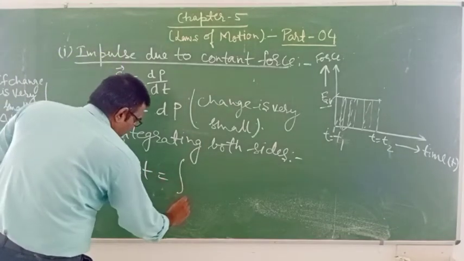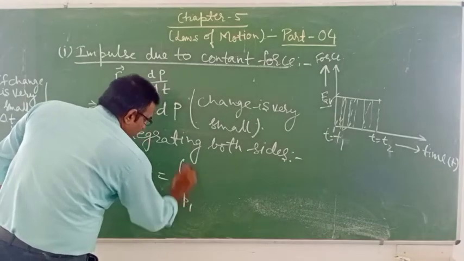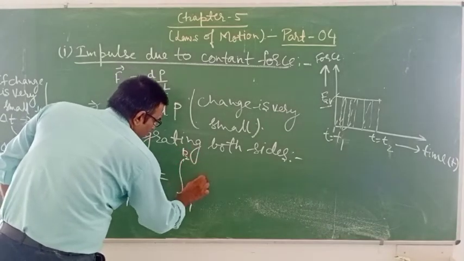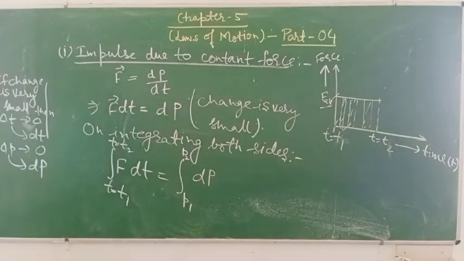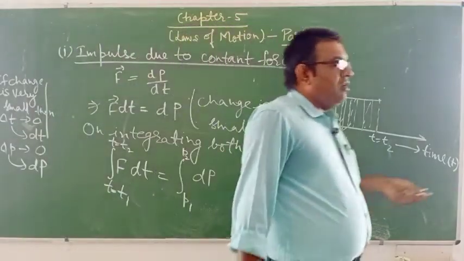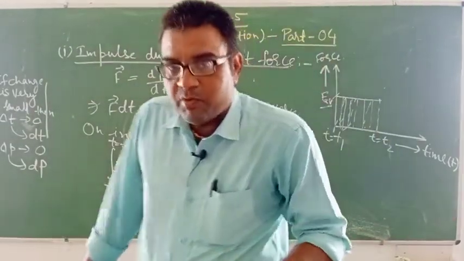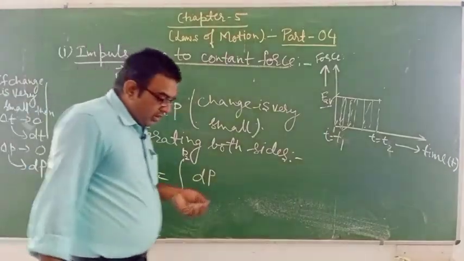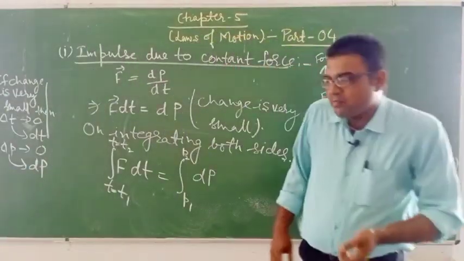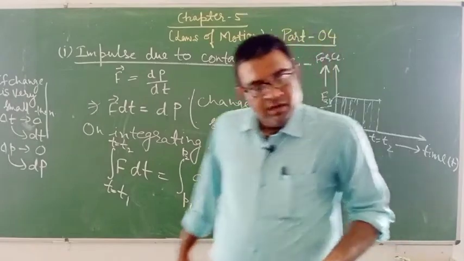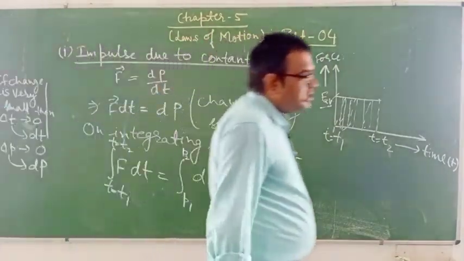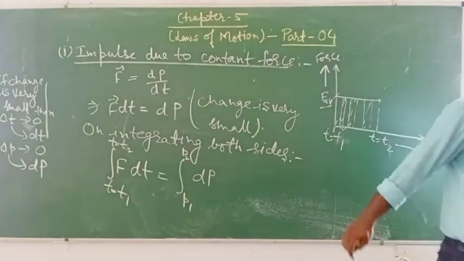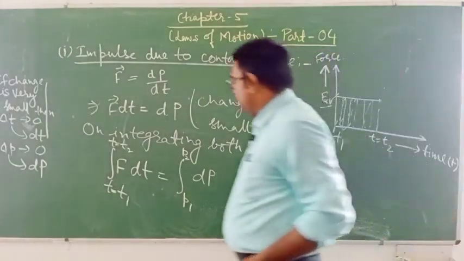Now from here, p1 to p2 dp, because if force is applied on a body, as I had told while discussing momentum, then mass remains constant because mass is not going to vary. Then it is obvious that its velocity is going to vary, and if the velocity varies, then the momentum of the body also changes.